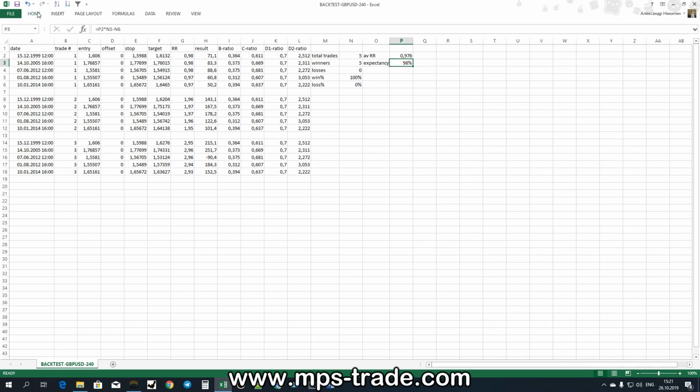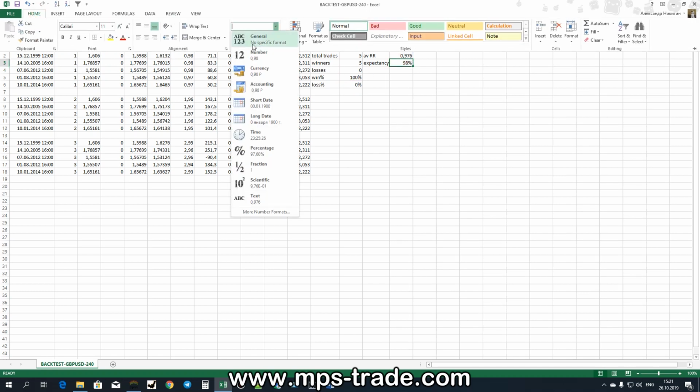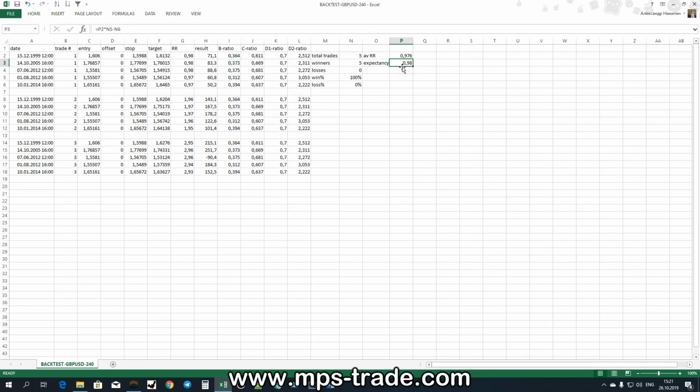We should express this as numbers. So the expectancy is 0.98 of our risk. Okay, simply copy this and paste it here, and then paste it here.